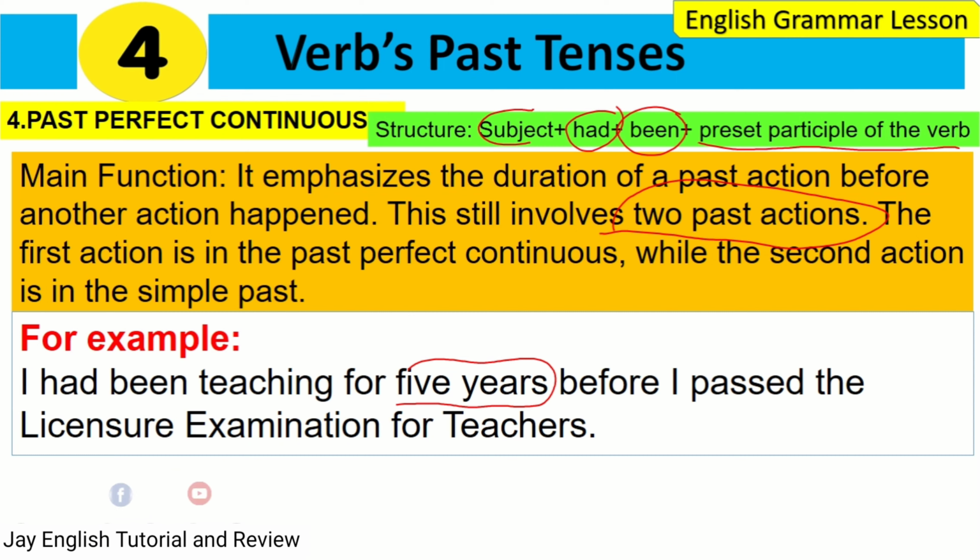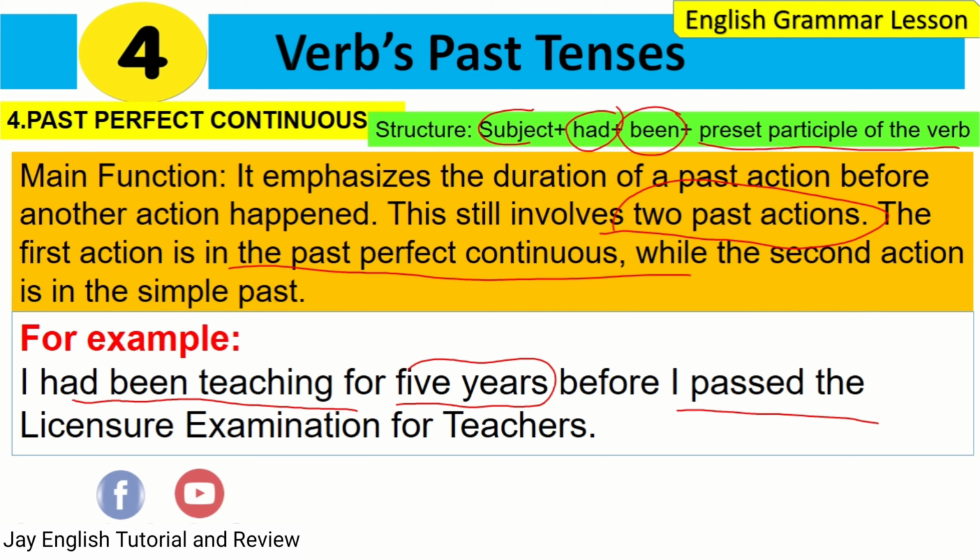And our first action here is had been teaching, and the other action in the sentence is passed. And the rule says the first action is in the past perfect continuous. So our first action is this one, had been teaching. So it happened first before I passed the examination for teachers. While the second action is in the simple past tense.